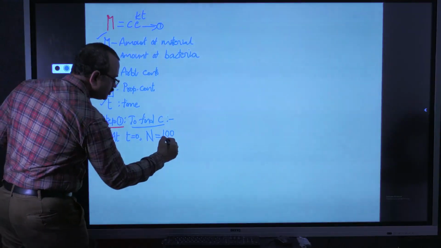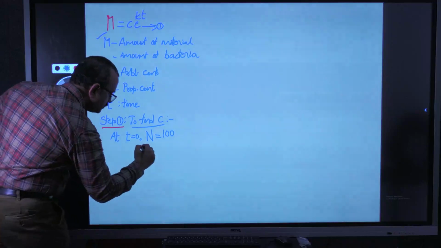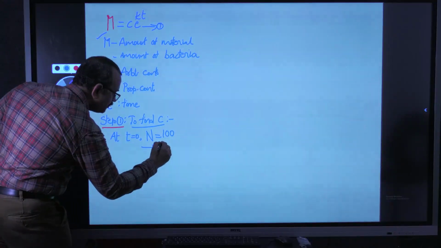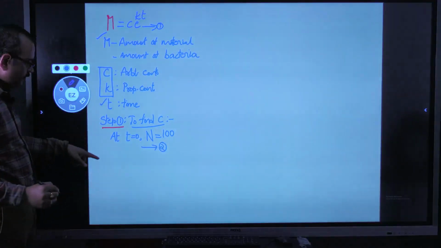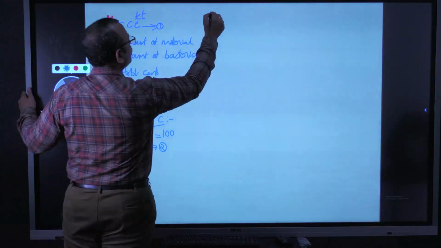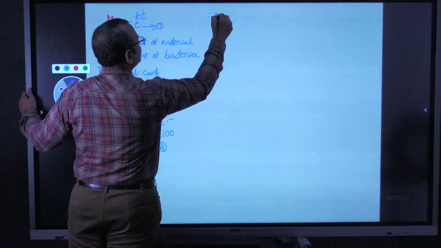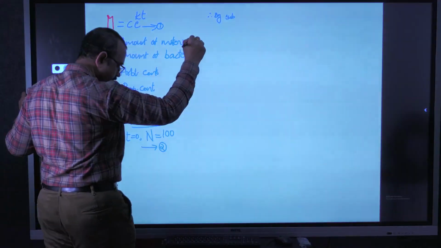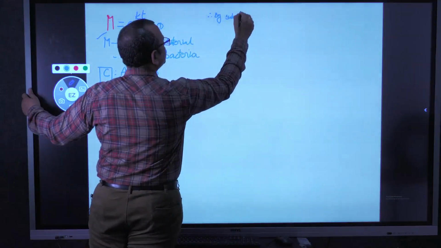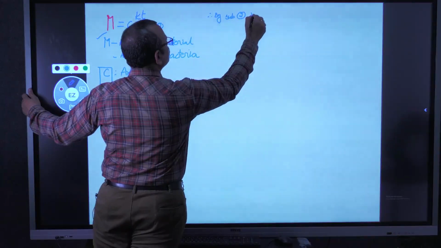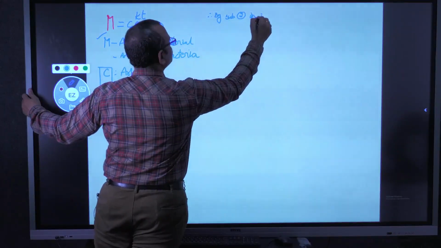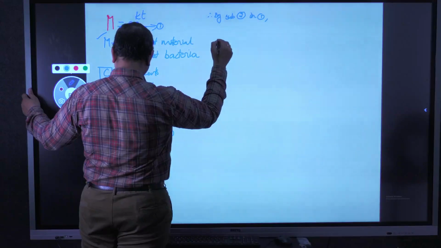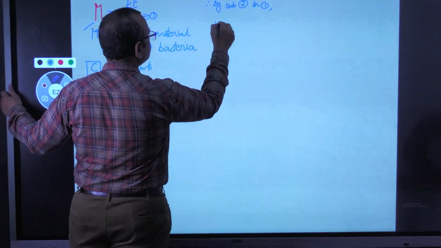Just substitute these two things. Take this one as equation 2 and the formula as equation 1. Now we will substitute 2 in 1. Therefore, by substituting the details in equation 2 in equation 1, we get m value as 100.